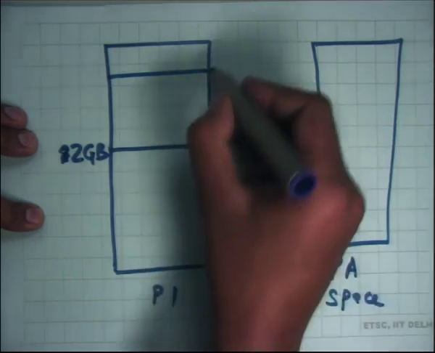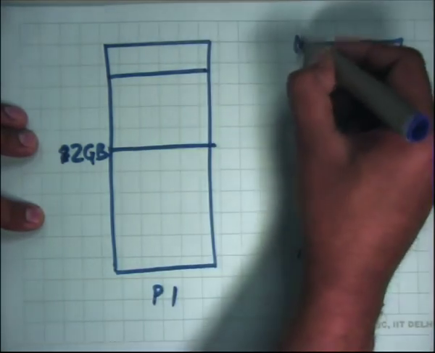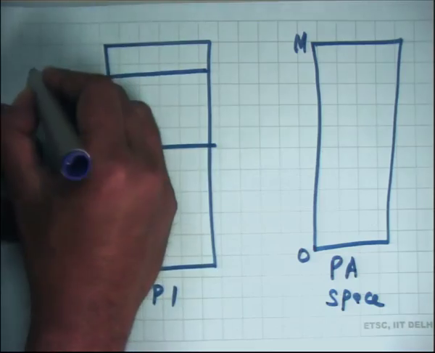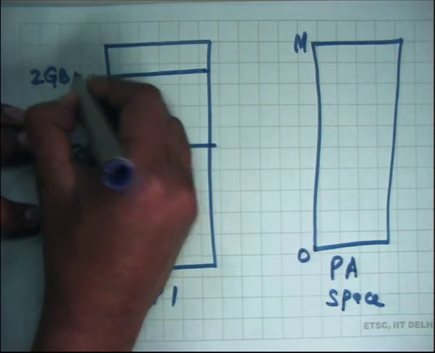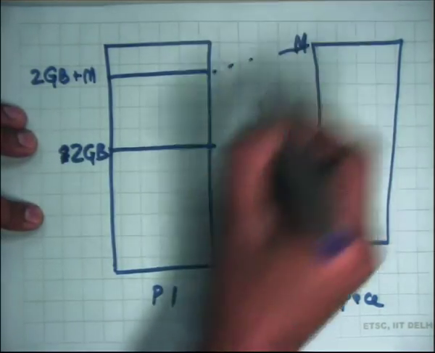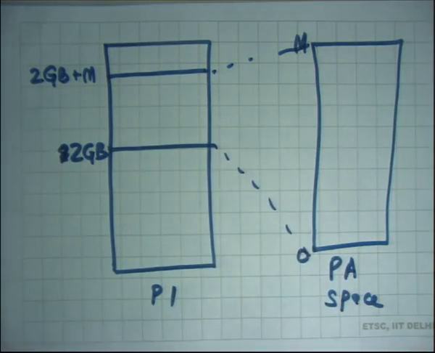This is the physical address space, and this is going from 0 to M, then this is going from 2 GB to 2 GB plus M, right? So it's a completely contiguous mapping in the kernel, right? That's what we saw, that the kernel just maps the entire physical memory into its address space, at least in x86, and we said other operating systems can recycle virtual address space if the amount of physical memory is greater than what can be supported in the address space.